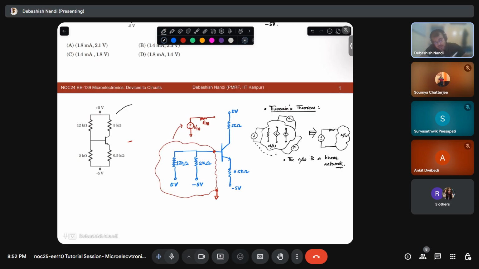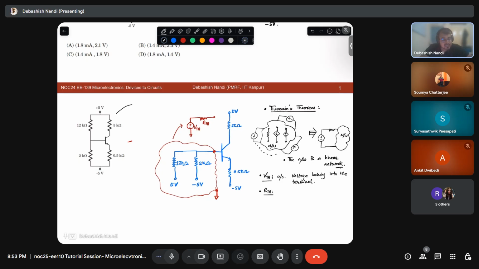Now tell me, how do I find my VTH? VTH is nothing but the open circuit voltage across the terminal, looking into the terminal, not the load terminal. It is the terminal between which you are applying the Thevenin.